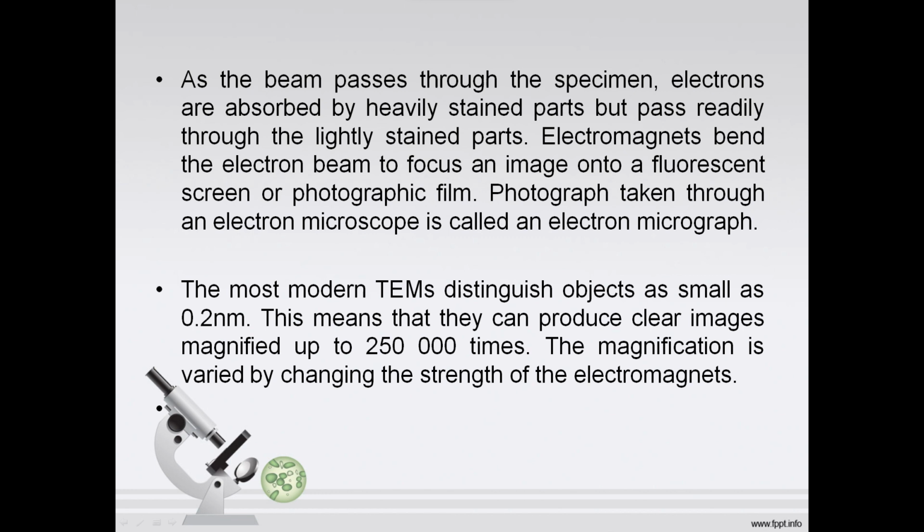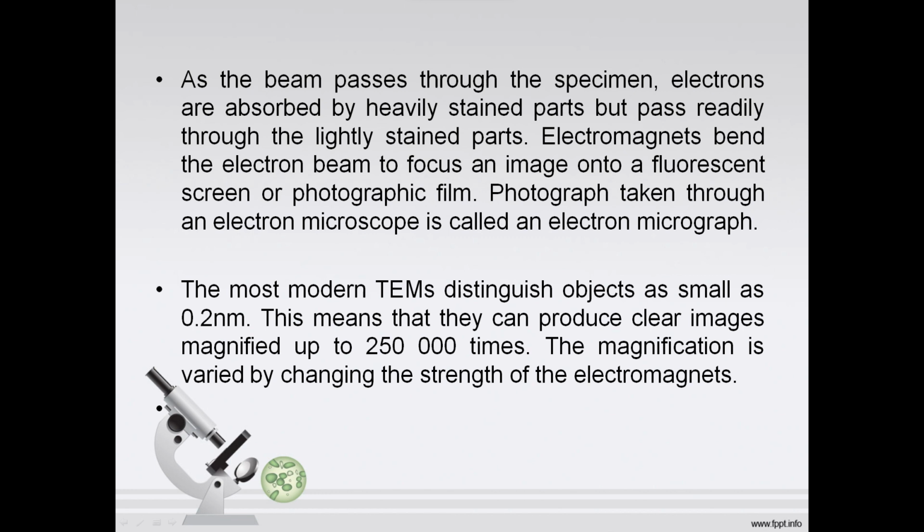As the beam passes through the specimen, electrons are absorbed by heavily stained parts but pass readily through the lightly stained parts. Electromagnets bend the electron beam to focus an image onto a fluorescent screen or a photographic film. A photograph taken through an electron microscope is called an electron micrograph.